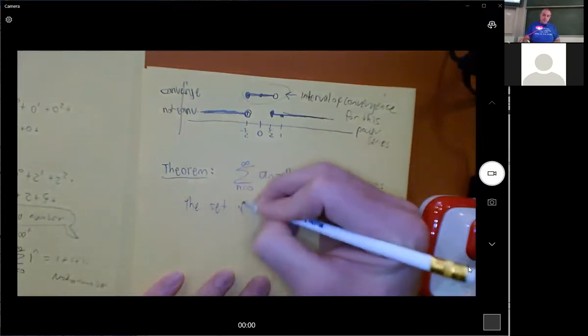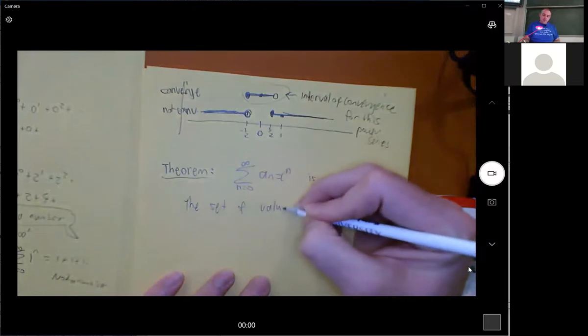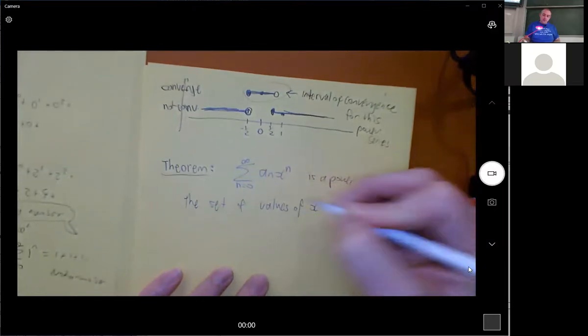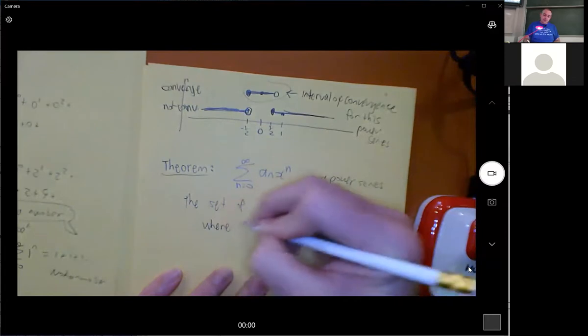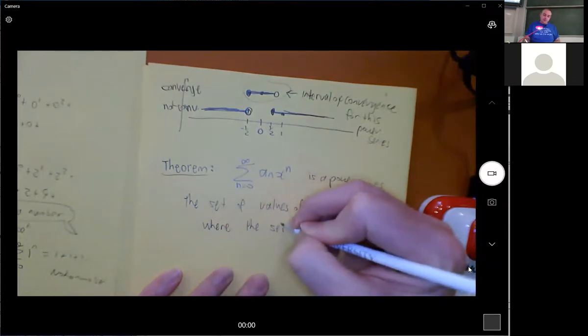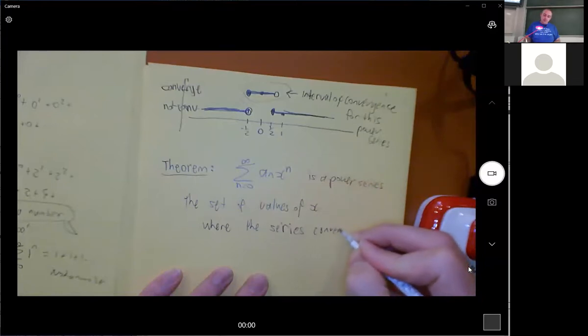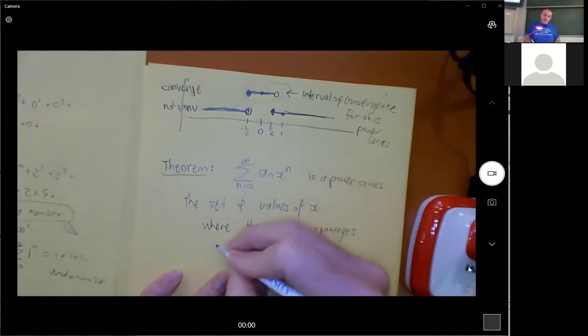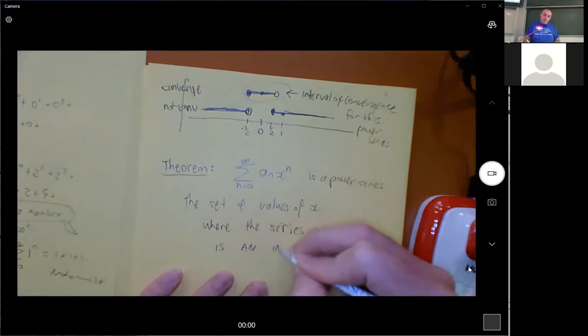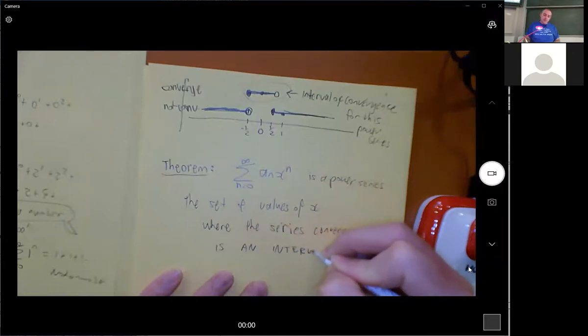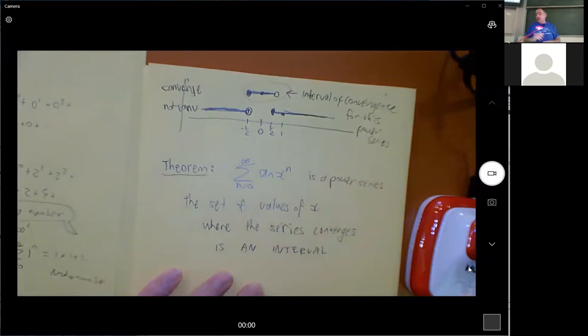The set of values of x where the series converges is an interval. Even better, actually, let's just adjust that a bit.